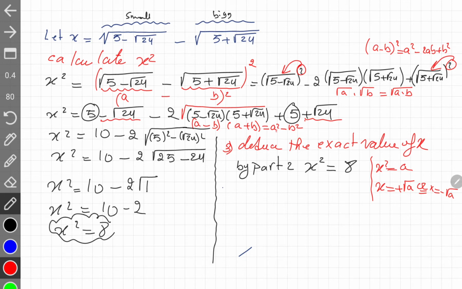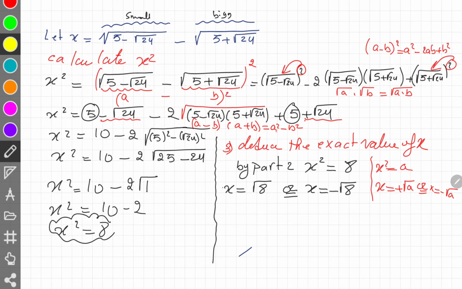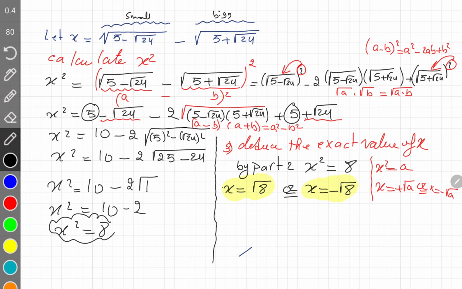Applying this rule in our equation, x squared is equal to 8, this is equivalent to saying x is equal to radical 8 or x is equal to minus radical 8. We have two values of x, radical 8 or minus radical 8. We want to know which value is accepted and which one is rejected.